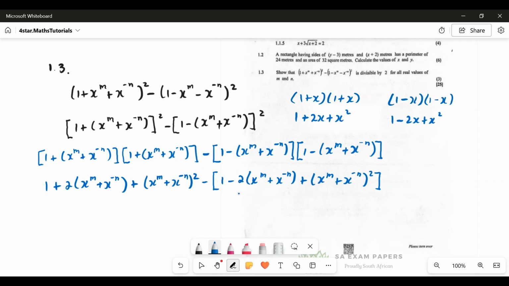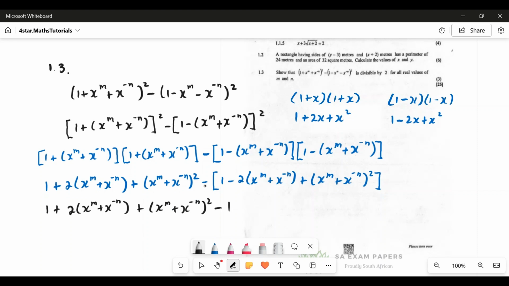Then we need to multiply this term by this negative. So here we're going to have 1 plus 2 into x to the exponent of m plus x to the exponent of negative n, plus x to the exponent of m plus x to the exponent of negative n, squared.